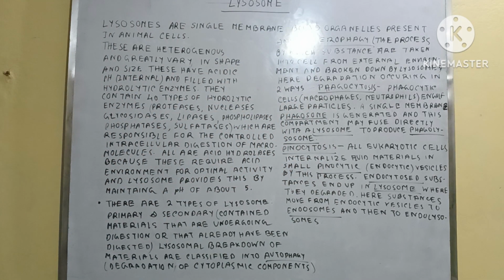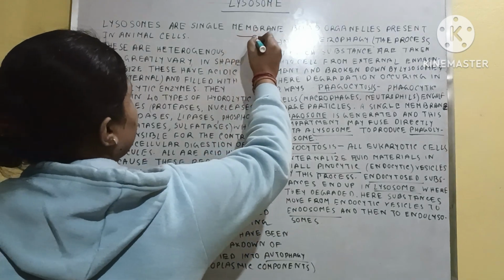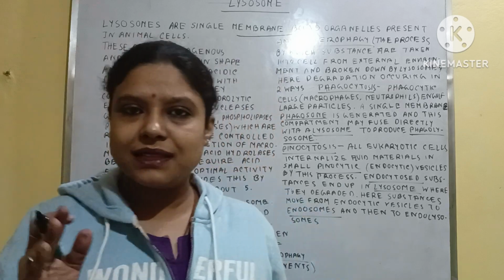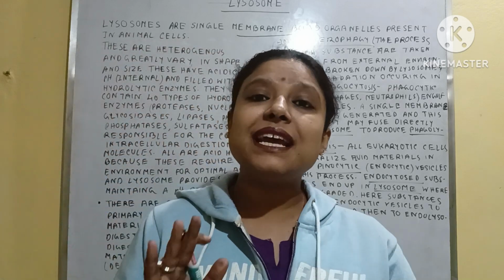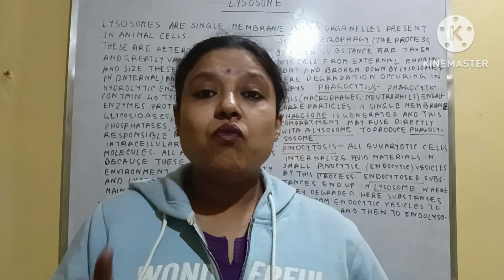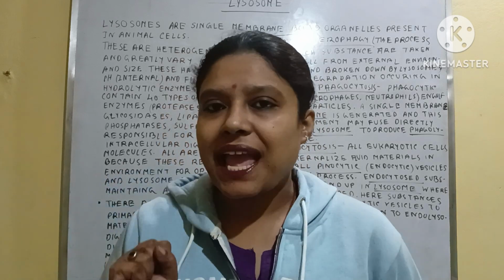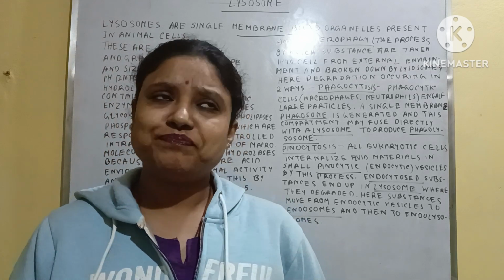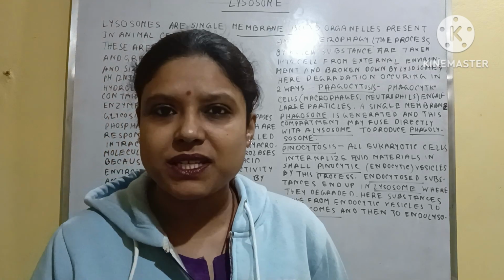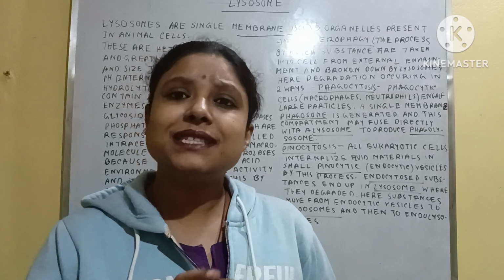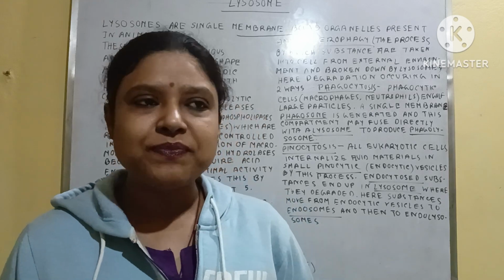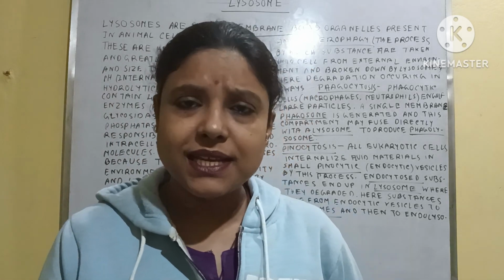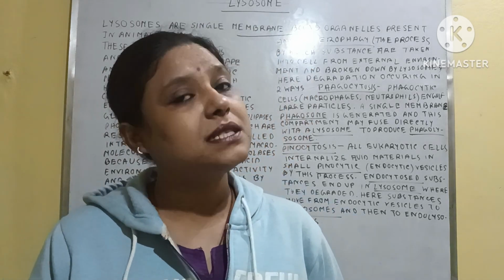These are single membrane bound organelles. Another thing I have to say is that in the cell there are two parts. Generally one part is the cytoplasm and another part is the nucleus. The nucleus is the master of the cell, or it controls every function of the cell, and the remaining part is the cytoplasm.